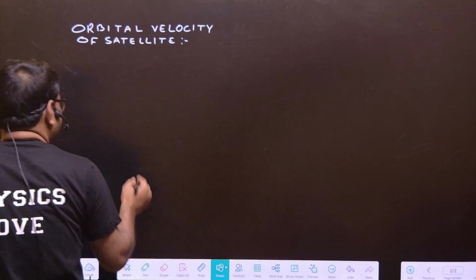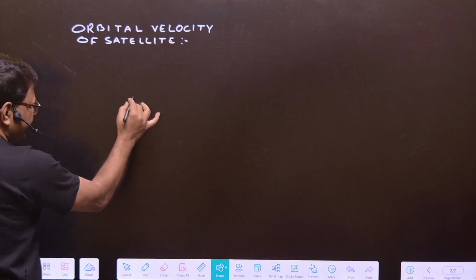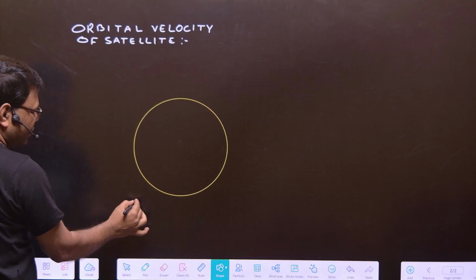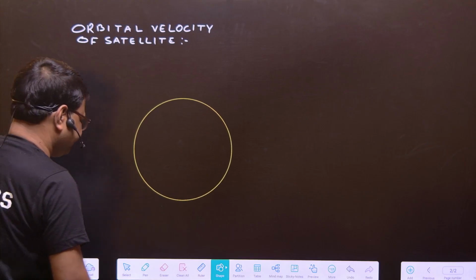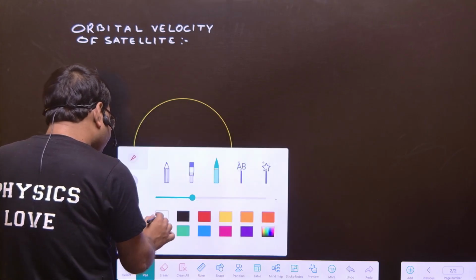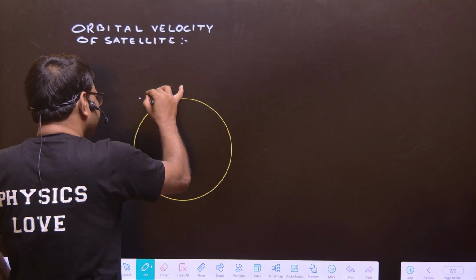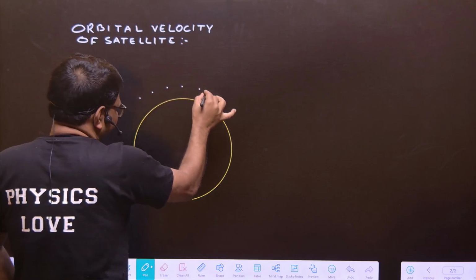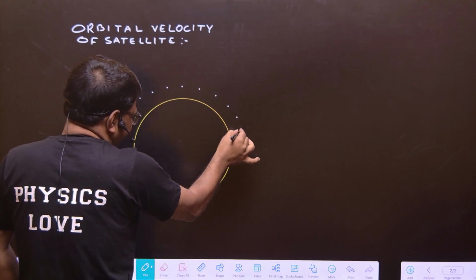this is the earth. Okay, this is earth, and assume around the earth in the circular orbit one satellite is revolving.